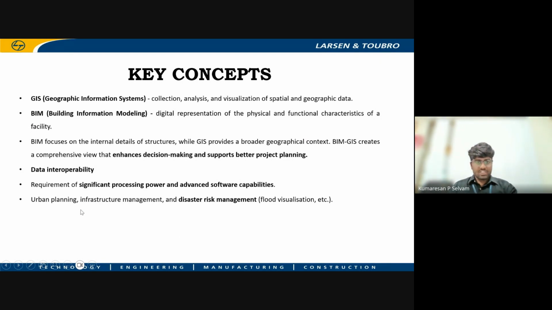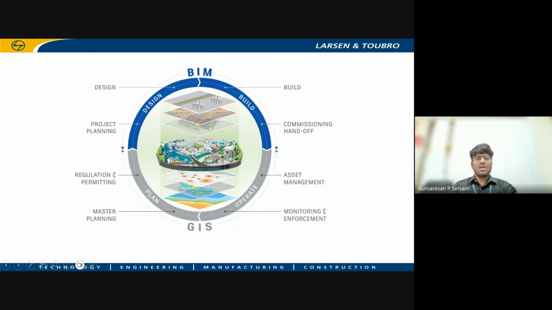And these are the applications of BIM-GIS integration: urban planning, infrastructure management, and disaster risk management. As I told you, BIM is in the design and build stage, where building, commissioning, designing, and project planning are all taken care of by BIM. Whereas GIS, when integrated, takes care of asset management, monitoring, master planning, and regulation.